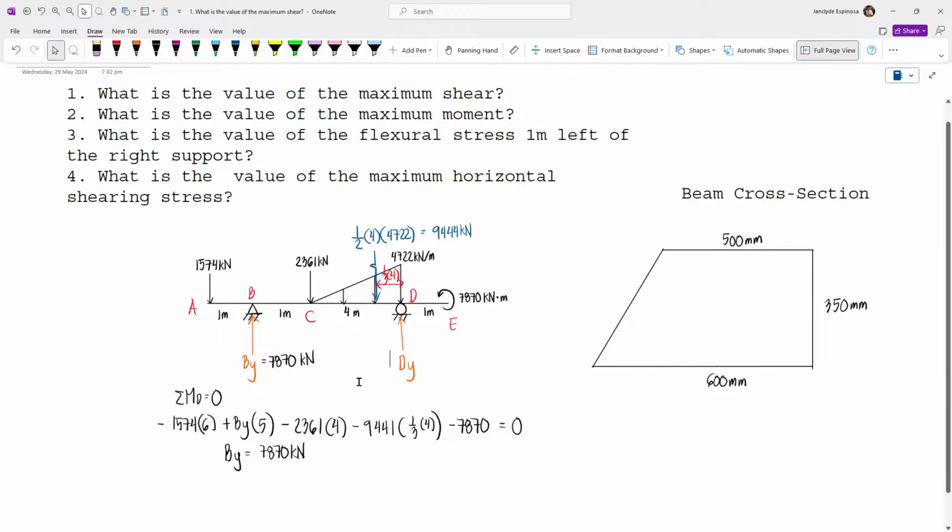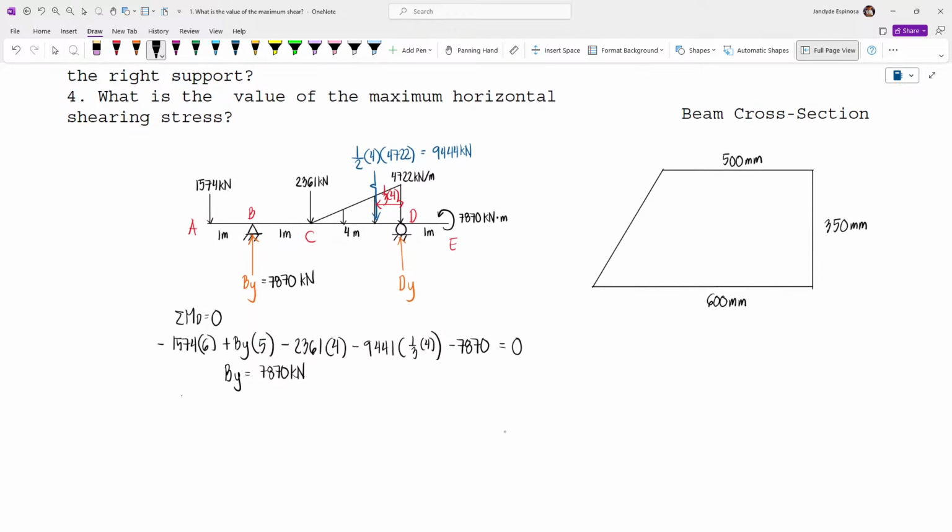Now to solve DY, we can take moments about B, or we can just sum up forces vertical. Now, to be more efficient, let's just sum up forces vertical. So we have minus 1574, this one, plus 7870, and then minus 2361, minus the resultant, 9444, by the way, 4 na siya, and then plus DY.